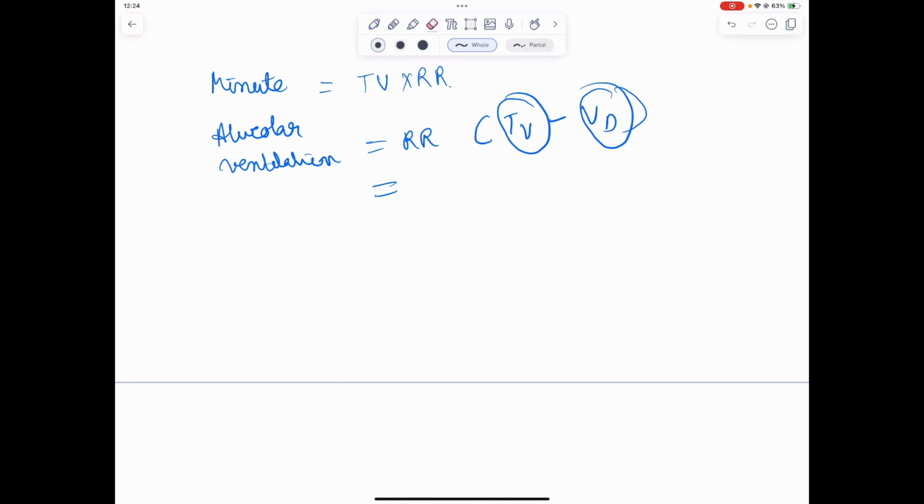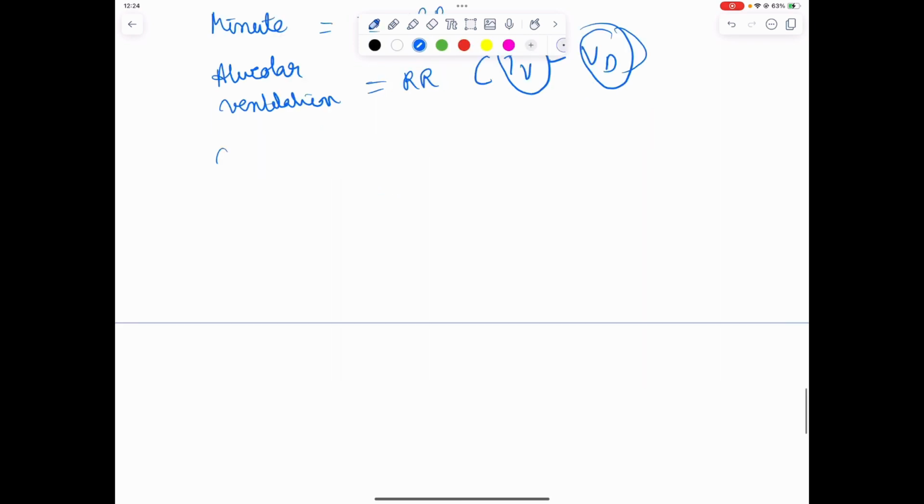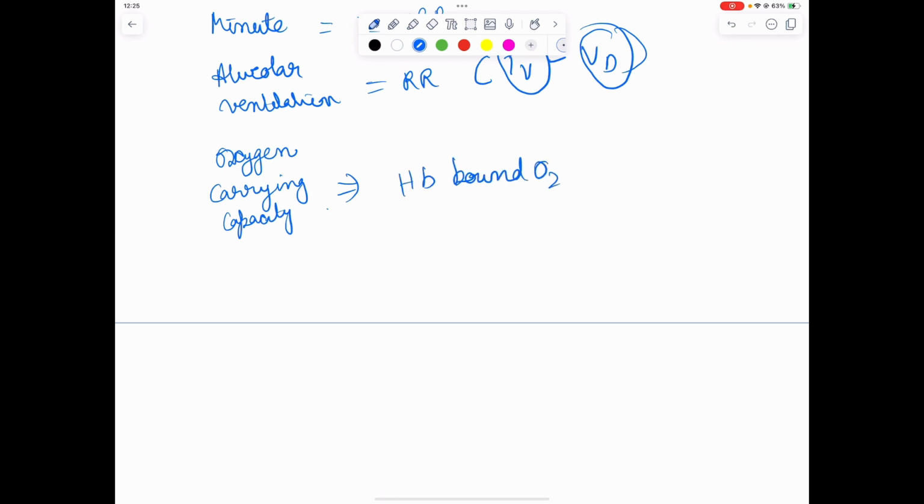What is the oxygen carrying capacity of the blood? Oxygen carrying capacity would be hemoglobin bound oxygen plus dissolved oxygen.